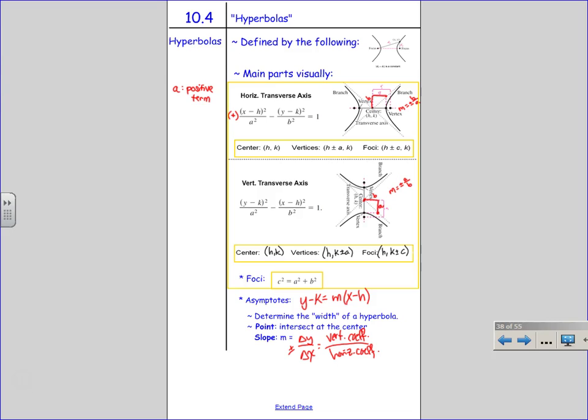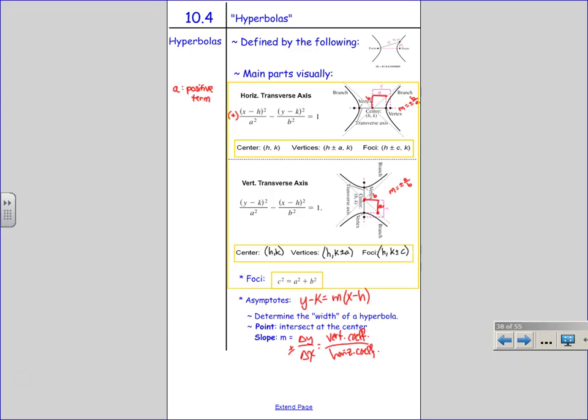For this guy, who's the y? A, and who's the x? Rise over run, this guy, plus or minus a over b. My h, k, my center gets to be my point, and my m is going to come from the y guy over the x guy. That's our yellow box. Let's go.